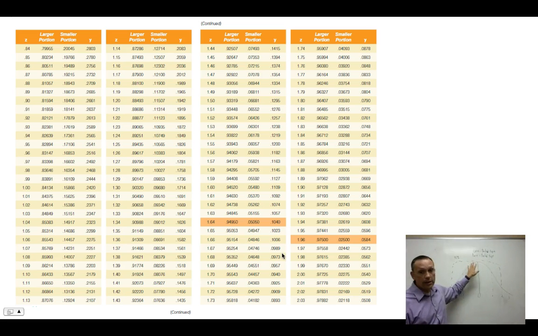So if I'm looking at 95% in the middle, I want the 5% on the edges: 2.5% on the positive edge, 2.5% on the negative edge. So we can draw this out. I'm looking for whatever this z-score is. I don't know the z-score, but I want the probability here to be 0.025.